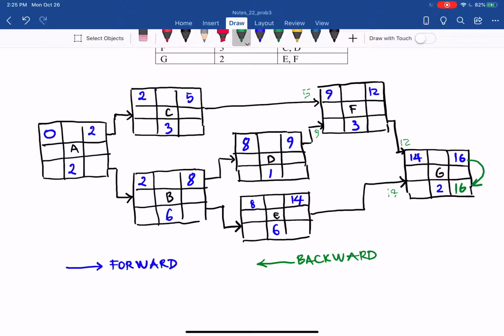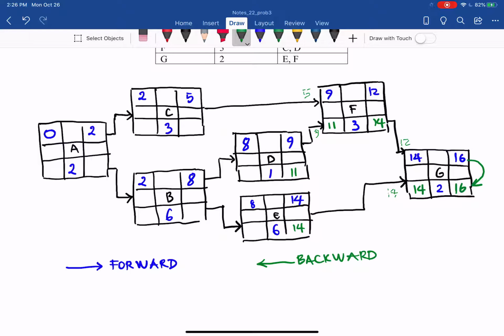Then go backward, subtract. So you have 16 minus 2 equals 14. So it will be 14. For F, 14 minus 3 equals 11.